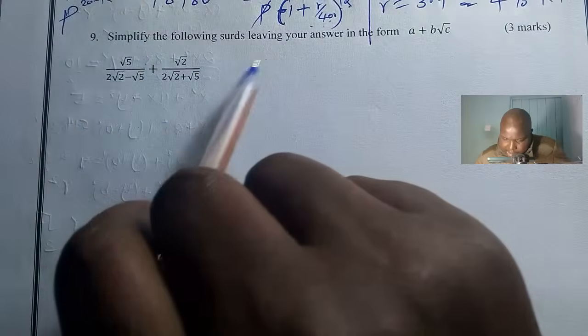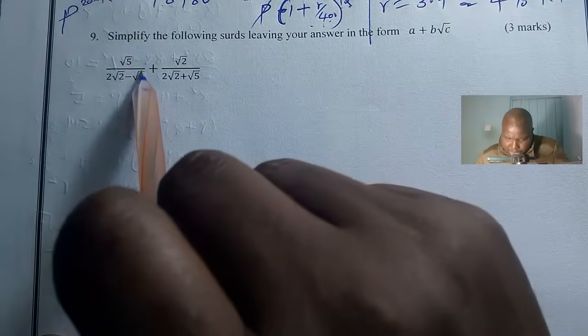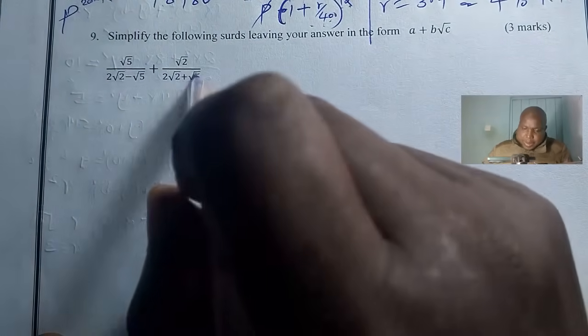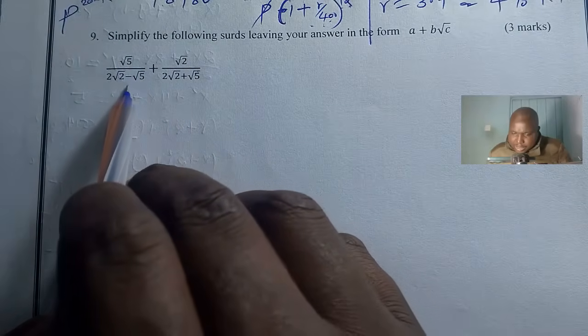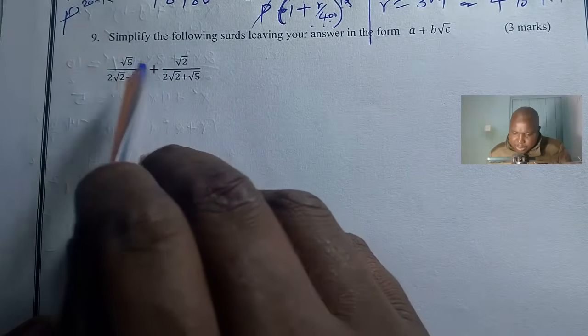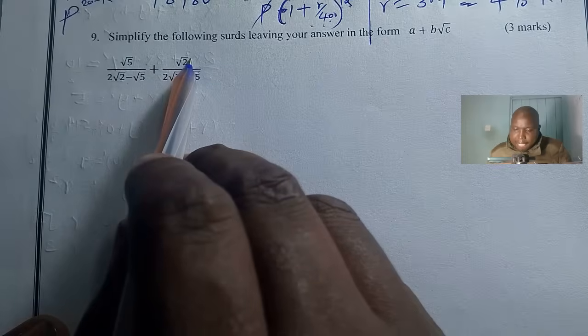Simplify, leaving the answer as this. So when you see this one, it is very simple. You take the conjugate of this, multiply with the numerator, take the conjugate of this and multiply with the numerator.